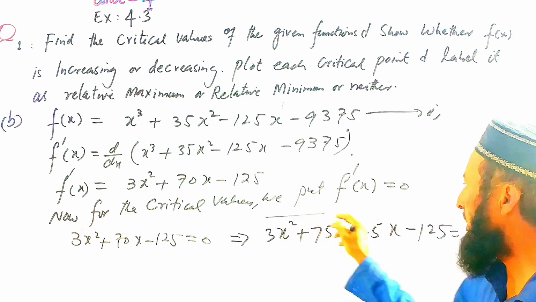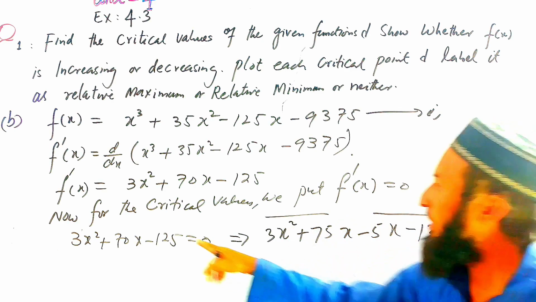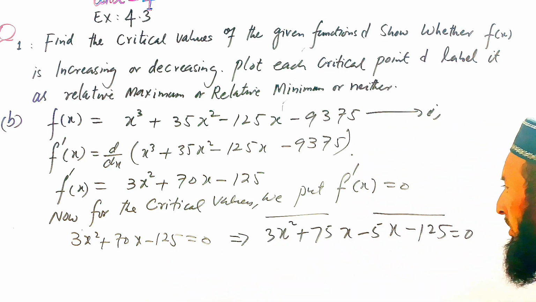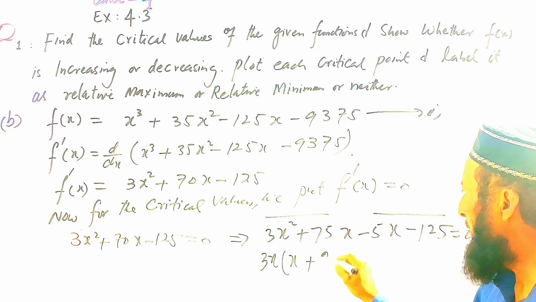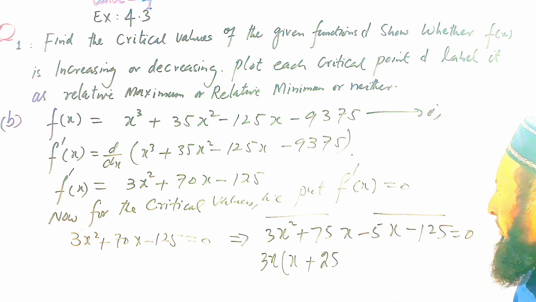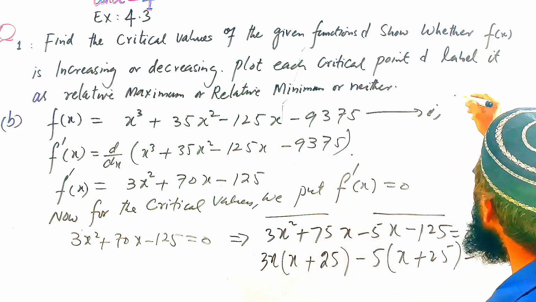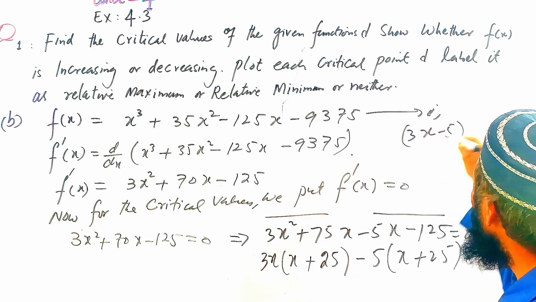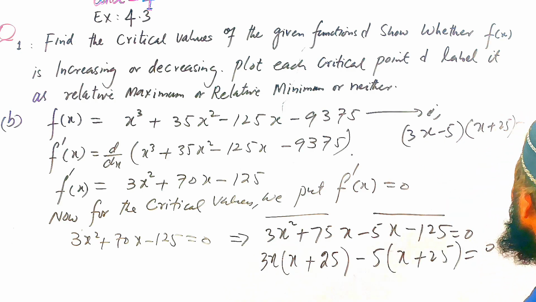Now we take common: 75 minus 5 we get 70, and 75 multiplied by 5 we get 375. So 3x x plus 25 minus 5 x plus 25 is equal to 0. We can write this result as 3x minus 5 into x plus 25 is equal to 0.